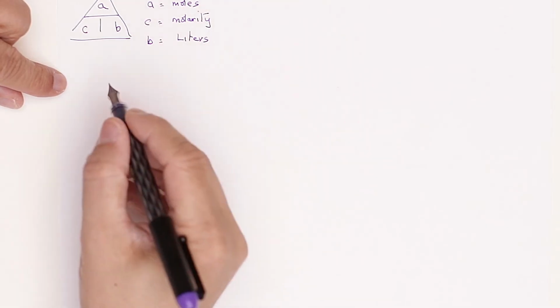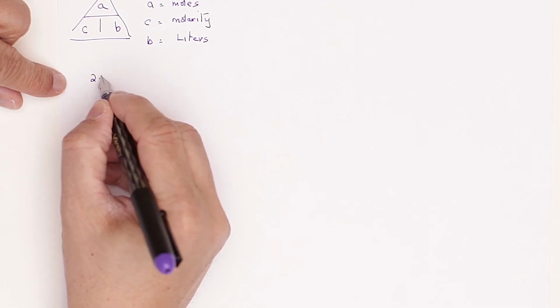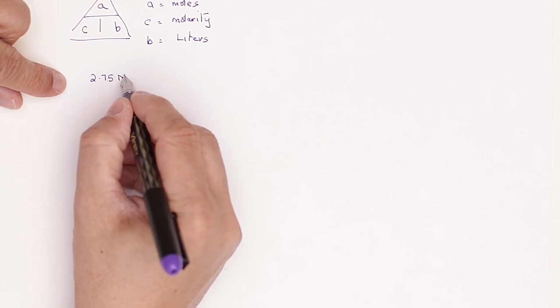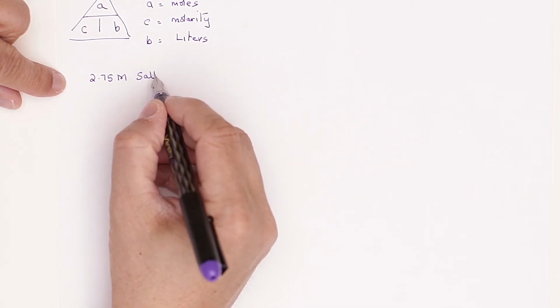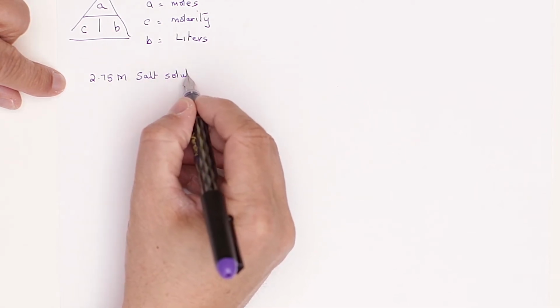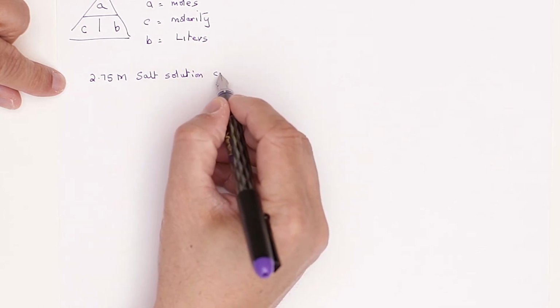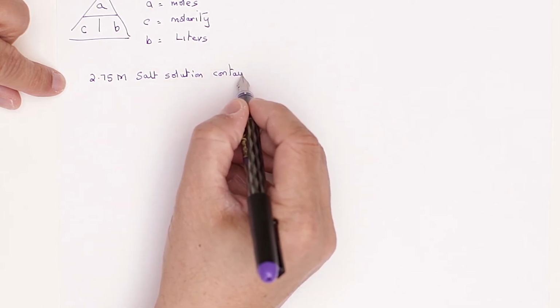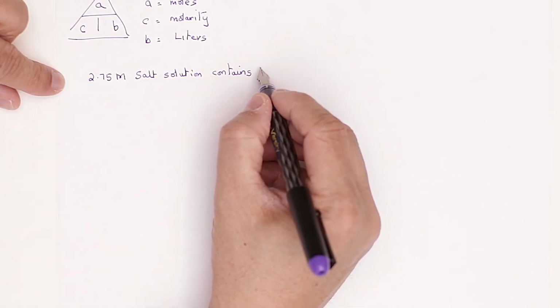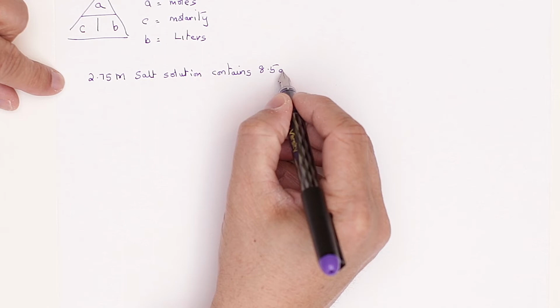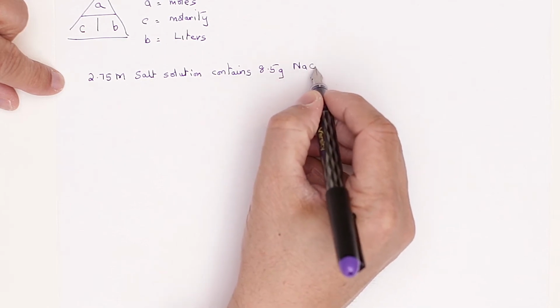So glad you've hung in there. So this is the third type of problem and the last, I promise, at least for this video. A 2.75 molar salt solution contains 8.5 grams of sodium chloride.